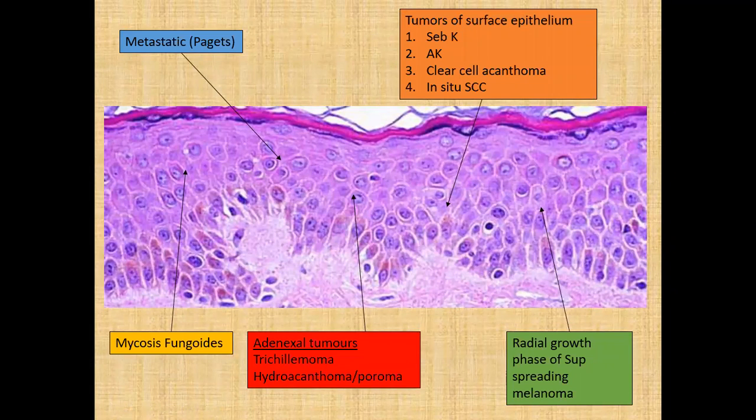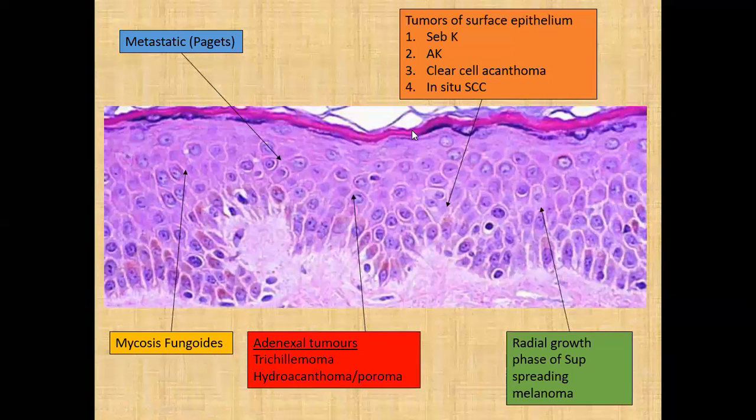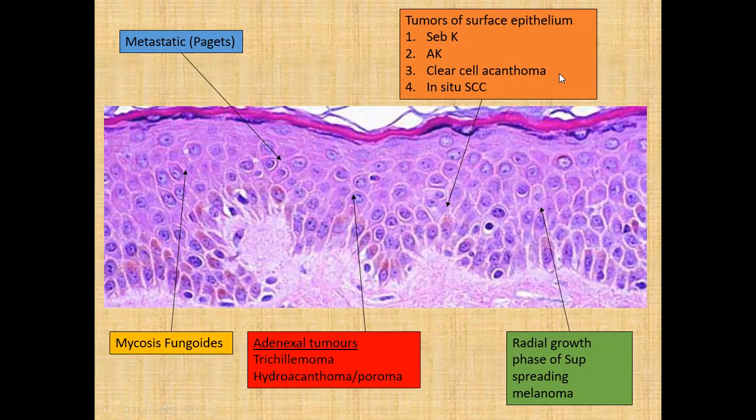So it can be summarized again. The tumors of surface epithelium which we usually encounter in the epidermis are seborrheic keratosis, actinic keratosis, clear cell acanthoma, and in situ squamous cell carcinoma or Bowen's disease. Then we can see the radial phase of superficial spreading melanoma infiltrating the epidermis.